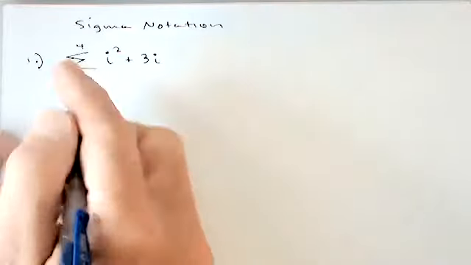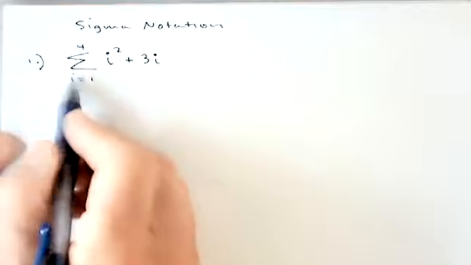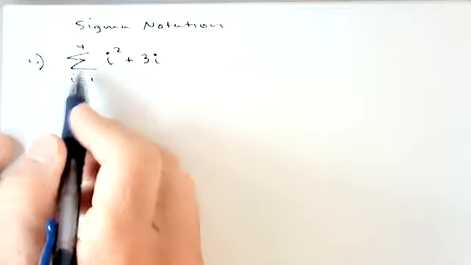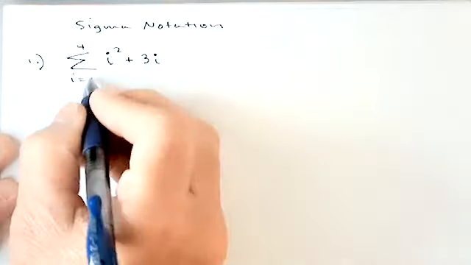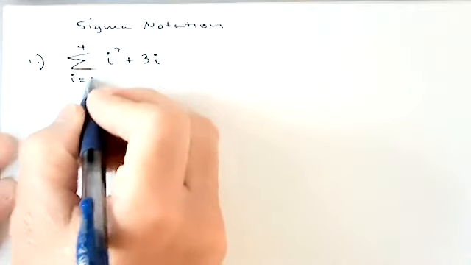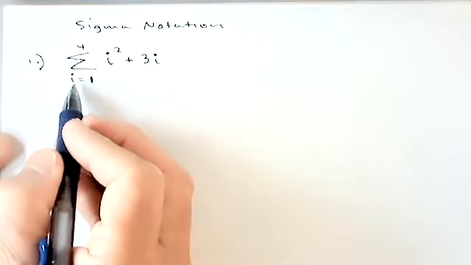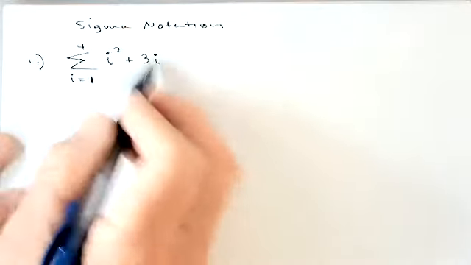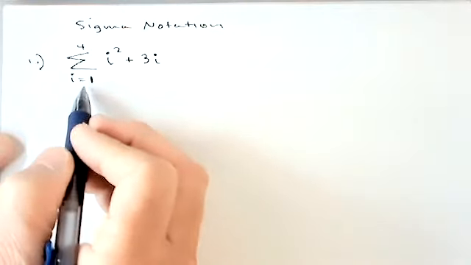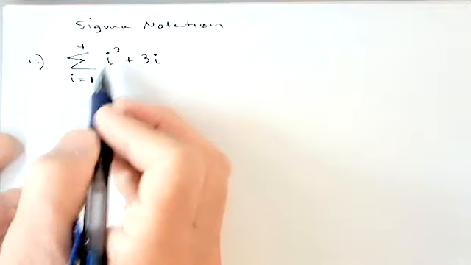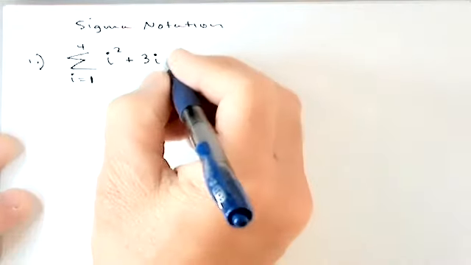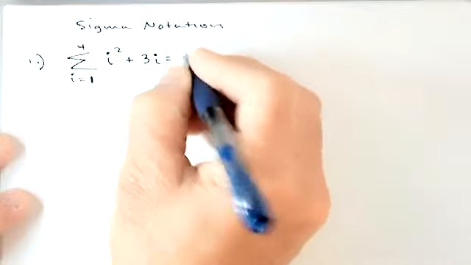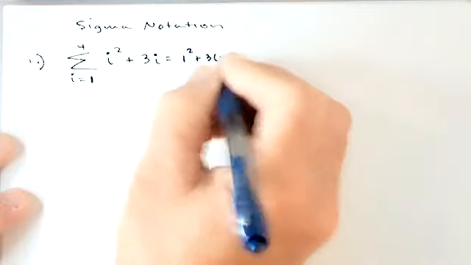All right. So this sigma is also called a summation. It's a formula telling us how to generate the numbers, and the first number we're going to plug in for i is 1. So if we do that, we're going to get 1 squared plus 3 times 1.